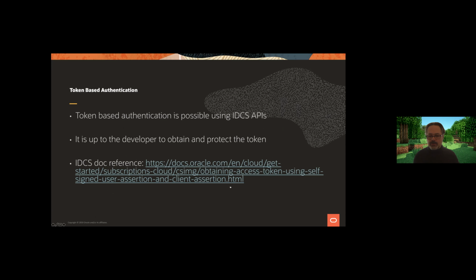This is the doc reference to the kind of tokens that are needed for this embedding. What we're generating are tokens using self-signed user and client assertions. And I'll talk about what that means in a moment.